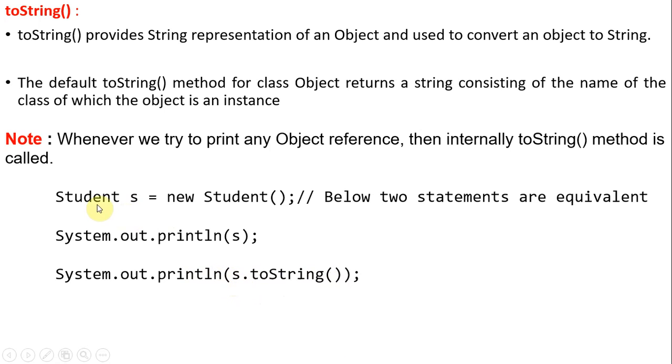What is the class of this object? Student, in the form of a string. So toString is a method to convert the object into a string. This is the object of the Student class, and this statement is used to print the class of this object in the string format. That is what I am trying to say.